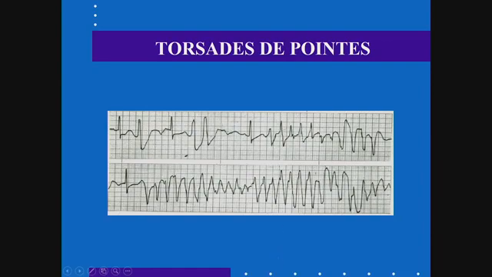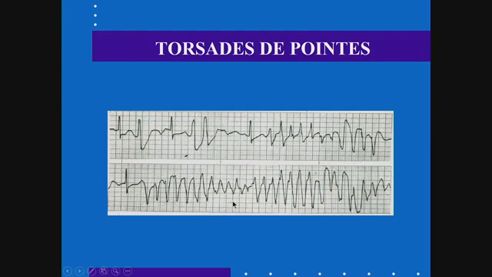Another example of unacceptable drug toxicity is that of torsade de pointes. What we're showing here is an electrocardiographic record of heart rhythm in a patient that suffered from an episode of this polymorphic ventricular tachycardia.